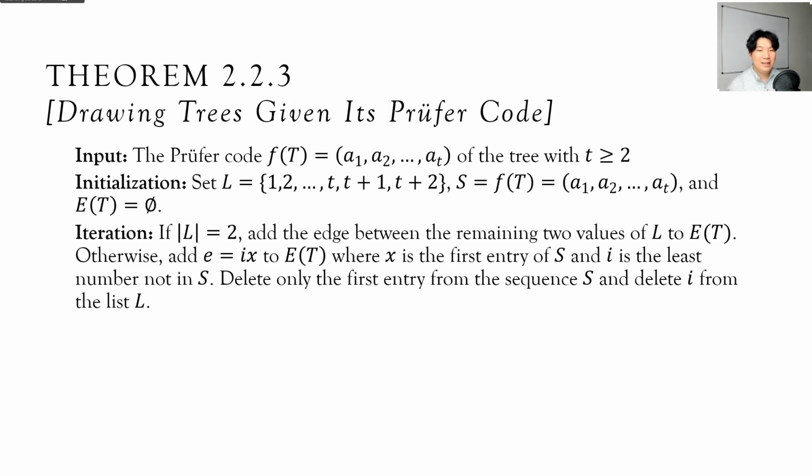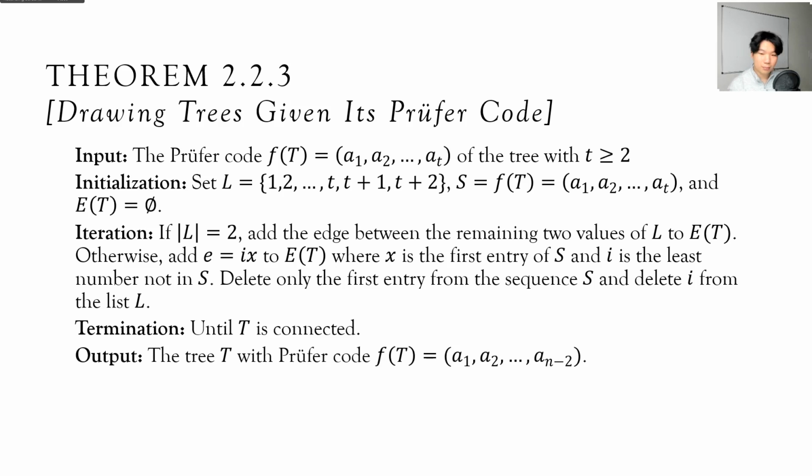After I add that edge, I can go ahead and delete the first entry from S and whatever that entry from L was. And I continue this until my tree, T, is connected. So let's go ahead and do an example with this. Oh, and here the output, again, should be our tree T that has this exact Prüfer code. So let's go ahead and look at an example.